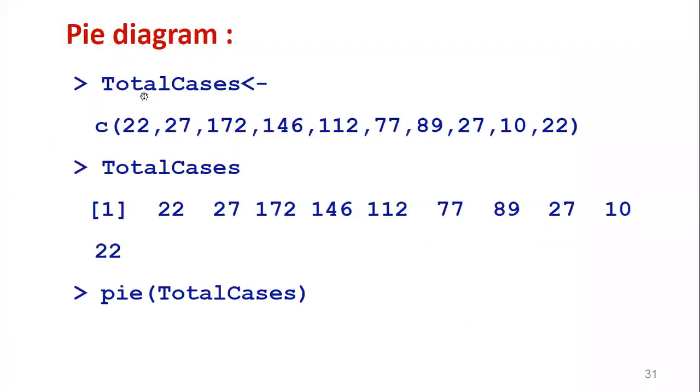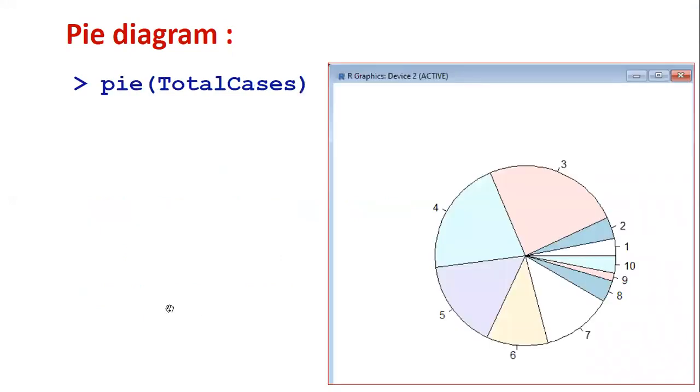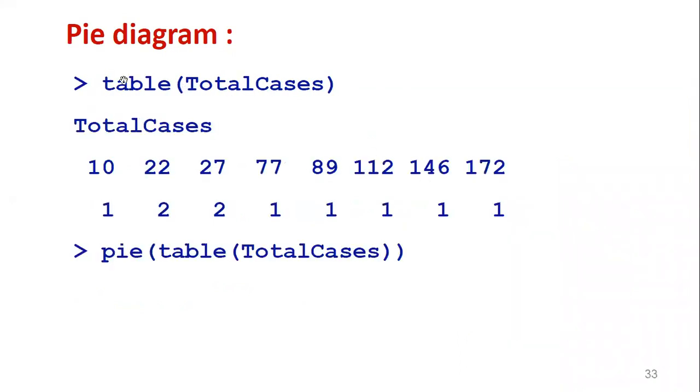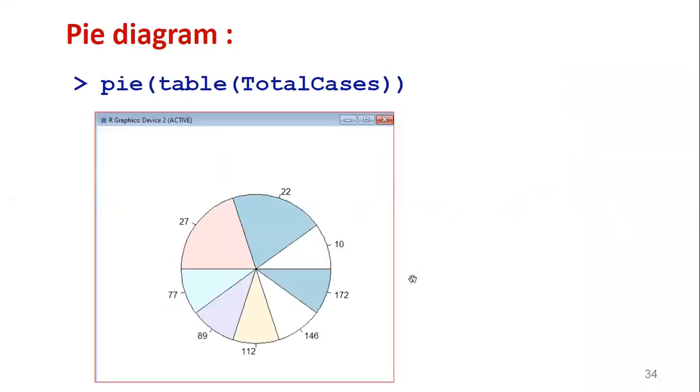Then take another example, the total cases, the COVID data. Here also you can create a pie chart for this. Here we again have 10 observations with the range. The pie chart is created. Then using the absolute frequency of the COVID data, see pie of table of total cases.